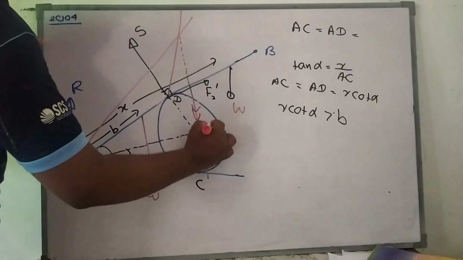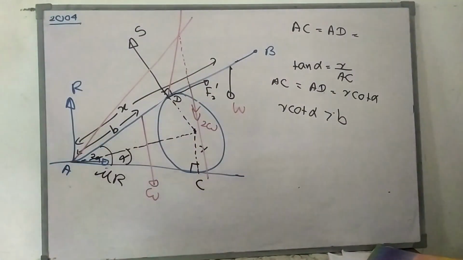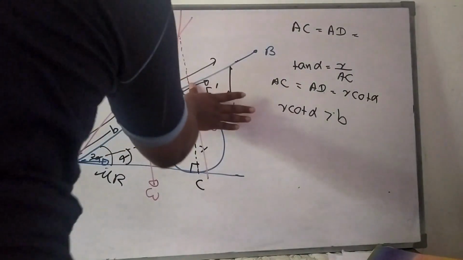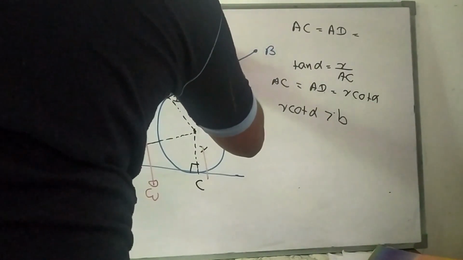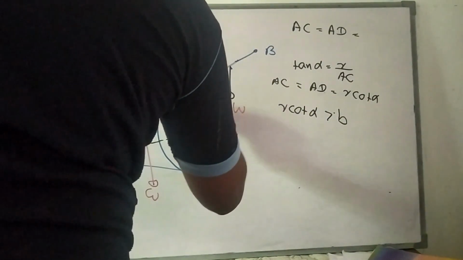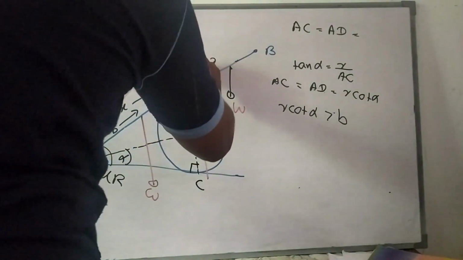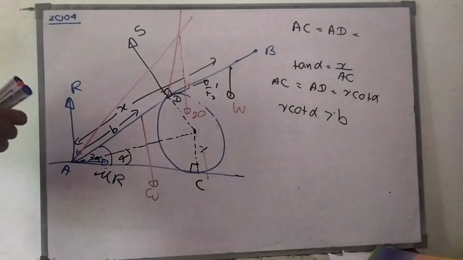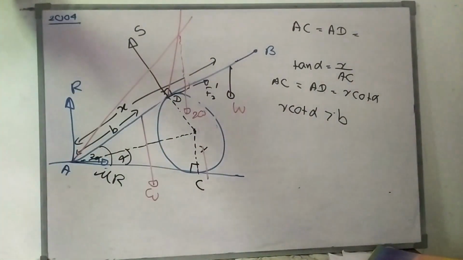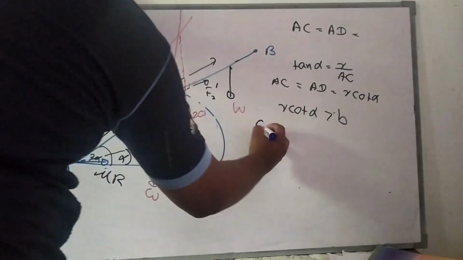This is 2W. 2W means the resultant force of the weight of the ladder and the external force. It should be in the middle. So r cot alpha is greater than b. What does that mean? r cot alpha means the distance AD, so it is surely less than b.